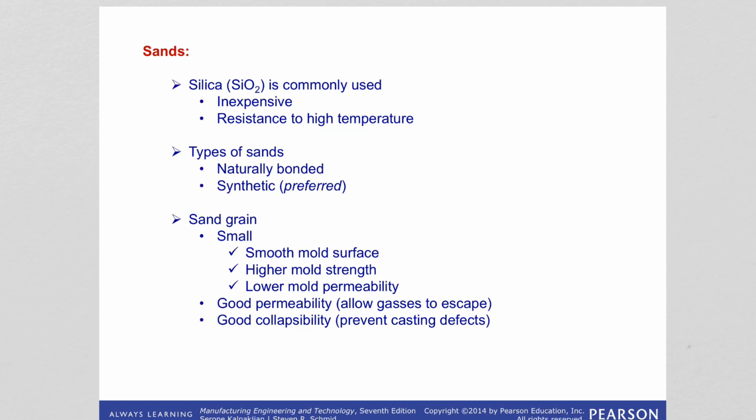In this case, we need good collapsibility, meaning the mold material should allow the casting to shrink freely when it's cooling. This will prevent the formation of defects such as hot tearing or cracking in the cast metal.